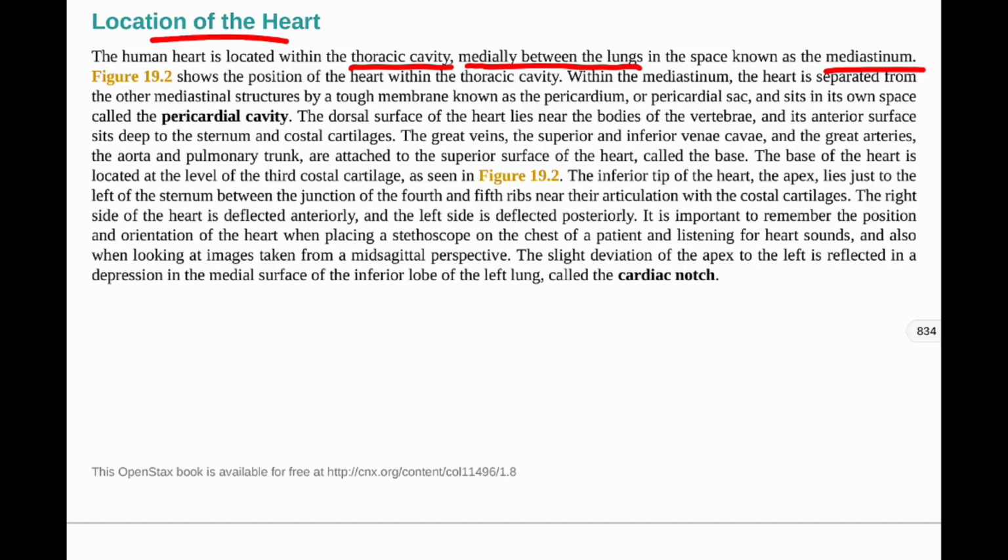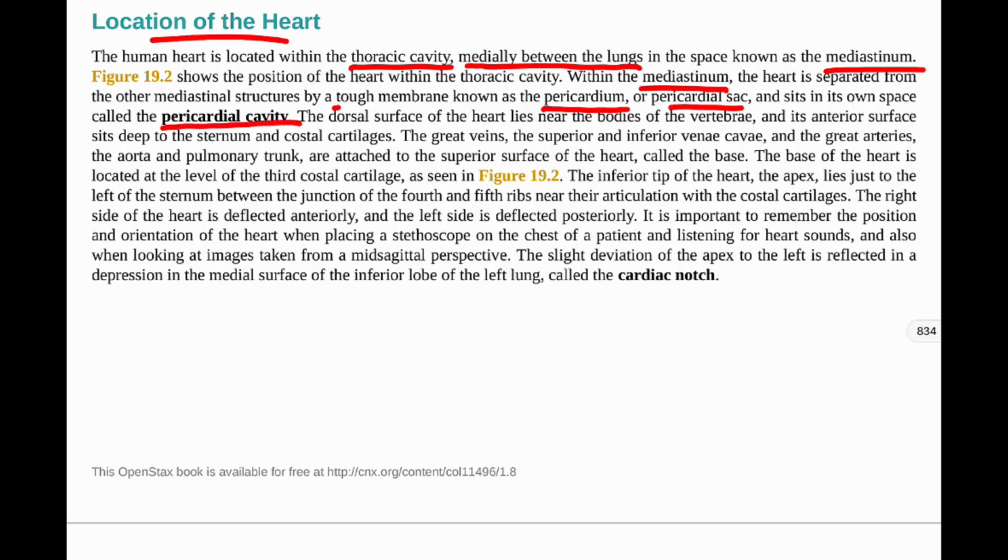So in the figure, we'll take a look at that in a moment, where the position of the heart is within the thoracic cavity. Within the mediastinum, the heart is separated from other mediastinal structures by a tough membrane known as the pericardium. So the pericardium is this thick tissue membrane that's going to be protecting that heart in that area. Also can be called the pericardial sac, and it sits in its own space called the pericardial cavity.